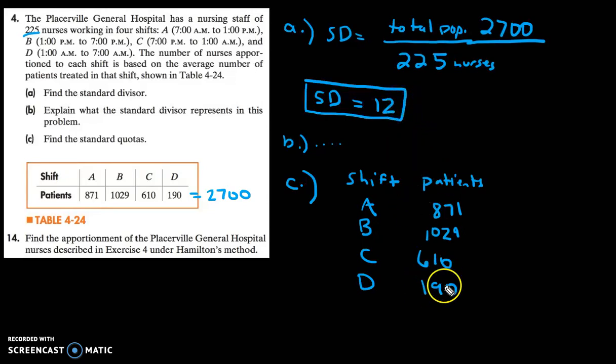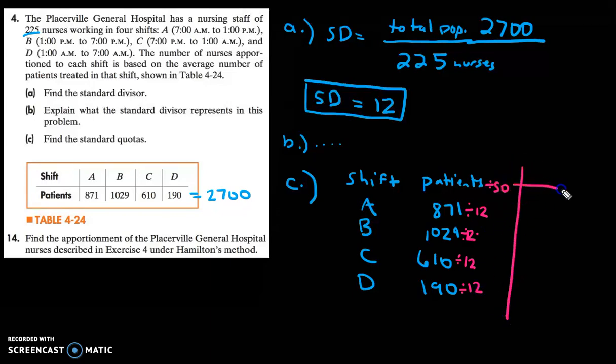So how many times does 12 go into all of these numbers? To find standard quotas, I take my number of patients and divide by the standard divisor. So for every single one of these numbers, I divide by 12, since that was my standard divisor. That will give me my standard quota for each one.